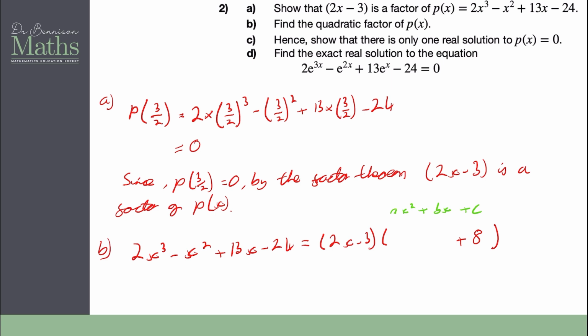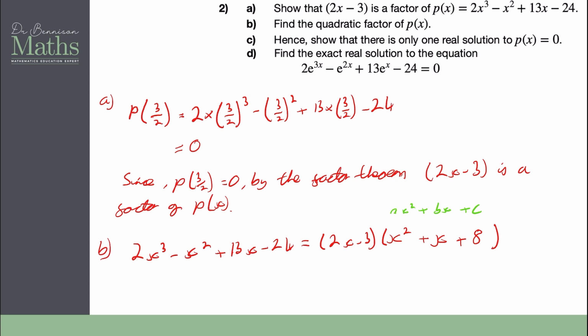To get the negative 1 x squared term, at the moment I've got minus 3 times 1, which is minus 3x squared. I want to add another 2x squared to end up with minus 1. There must be a plus x here. Hence, that is my quadratic factor.